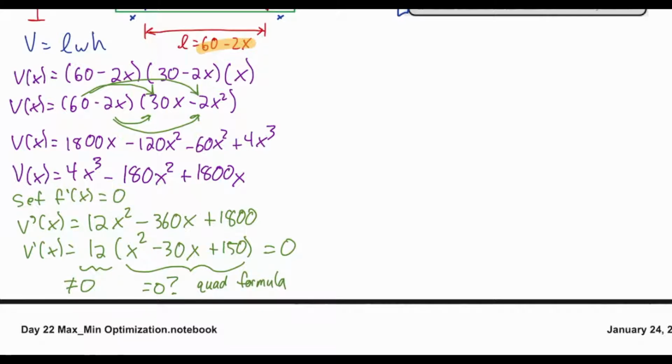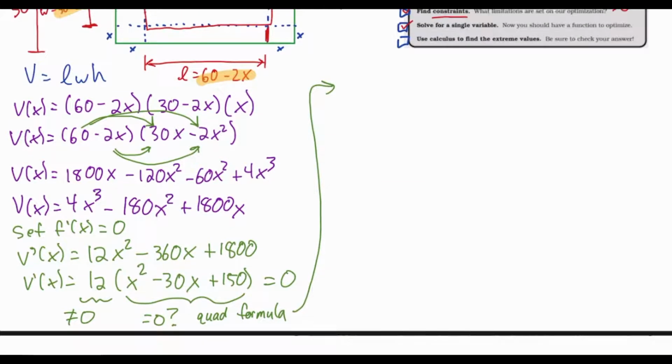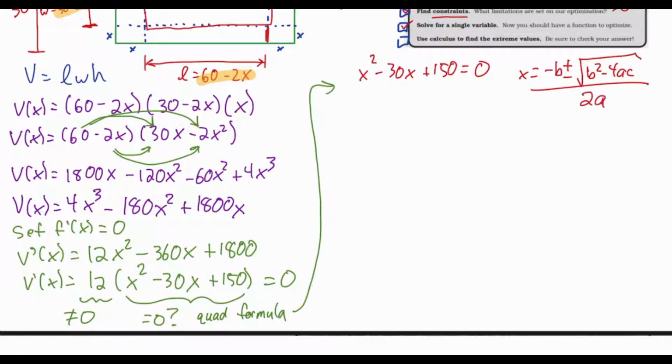And I don't have room to do that up here, so let's move up and do that as our next calculation step. And I'll switch colors because we're doing something new. So I have x squared minus 30x plus 150 equals 0. And we know that x equals negative b plus or minus the square root of b squared minus 4ac over 2a.